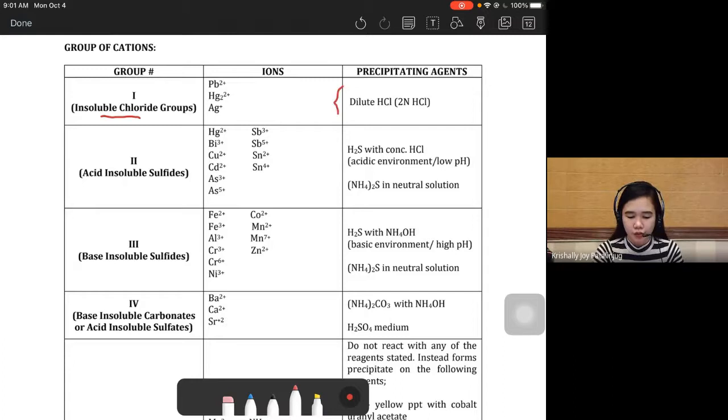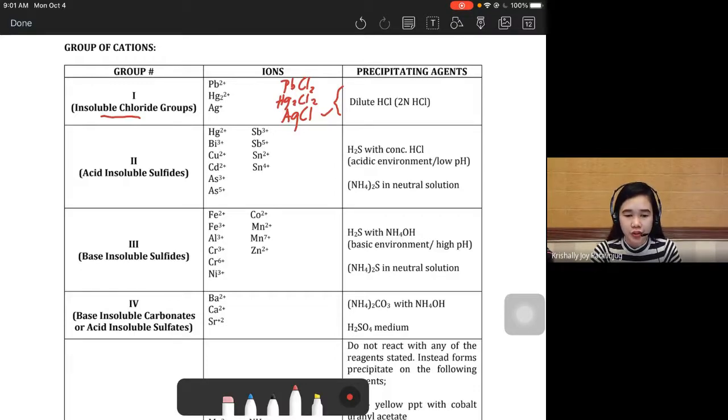Usually they precipitate out in the form of chloride salt. Halimbawa, lead chloride. In our previous experiment, what you had there is the silver chloride. Tama? Then for mercury 1, you will form mercury 1 chloride.